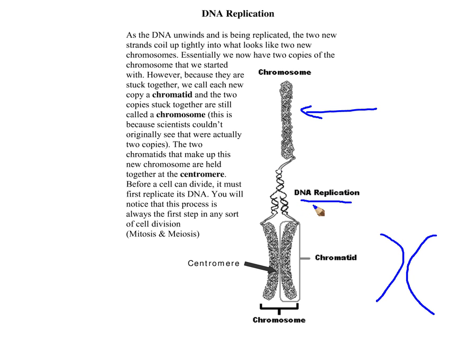But during replication, when that strand is split into two and a complementary strand is synthesized, to help organize that, because we're talking about very long lengths of DNA, we end up with a double copy of that piece of DNA. Those two copies are the two sausages, or chromatids as their proper name, that make up this X-shaped chromosome.